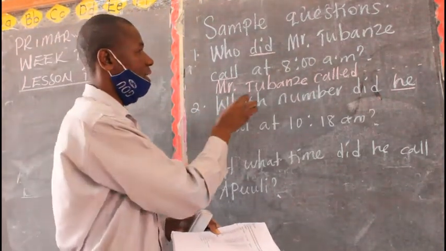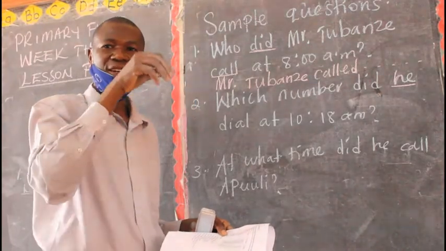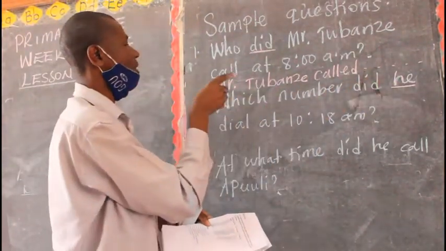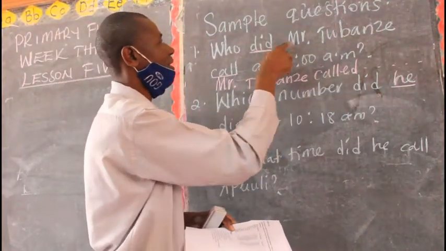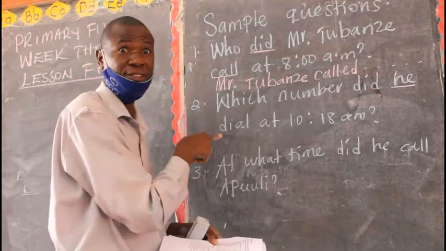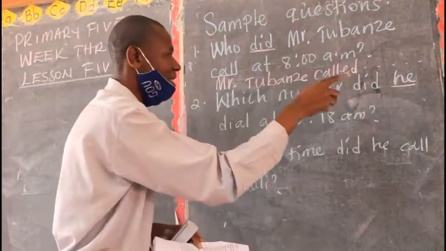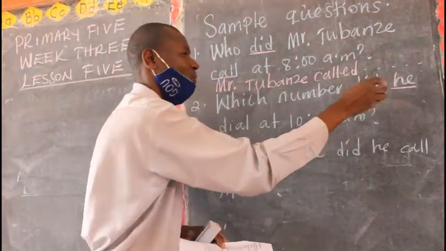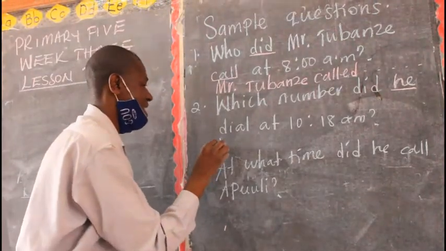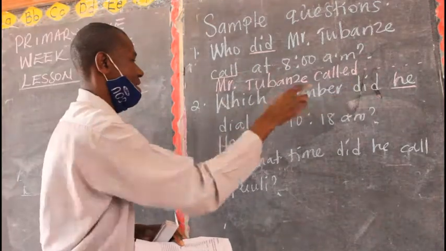So if a question carries a pronoun, let that very pronoun be maintained in the answer. If the question carries a noun, for example, if it was, which number did Mr. Vanze? Then the answer would also begin with Mr. Vanze. But because now they have used a pronoun, that means it is this very pronoun which is supposed to begin the sentence, and it is supposed to be he.